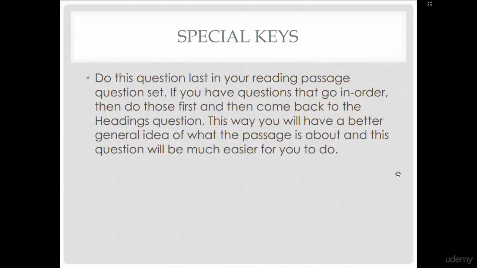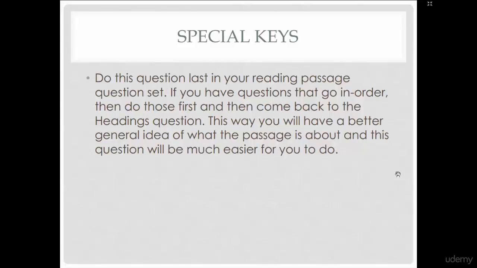Then do the headings question. The reason why is because if you do the short answer question and the matching question first, you will have looked at a lot of the reading passage while doing those questions. Then when you come back and do the headings question, it is so much easier because you're familiar with the different paragraphs. They're not new to you.